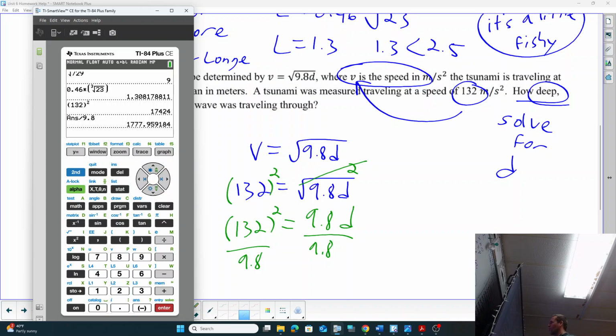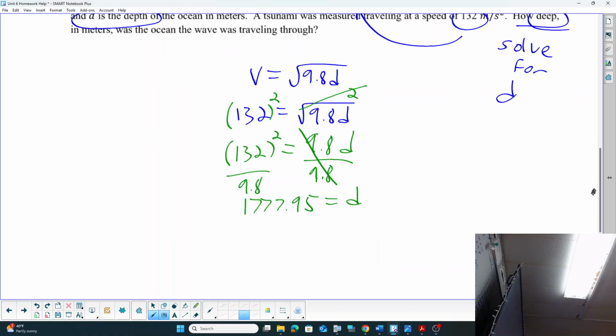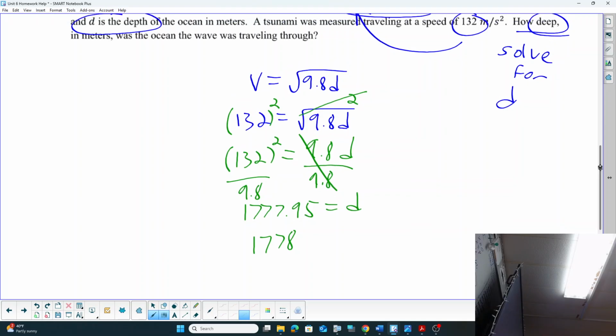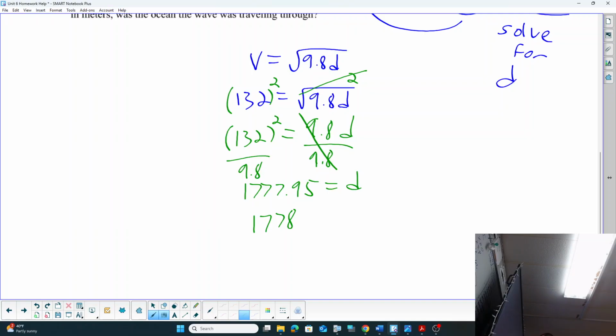That gives us our answer, 1777.95. So 1777.95 is our depth. And we'll just round that up to 1778. Is that in feet? So in meters. That's in meters.